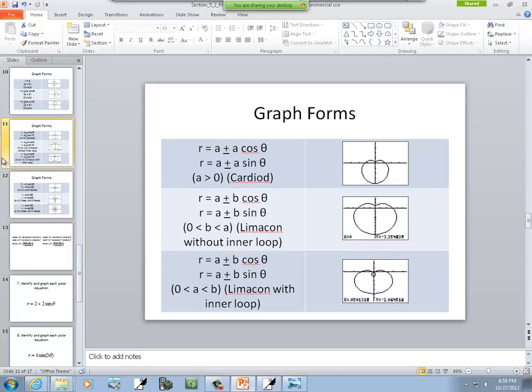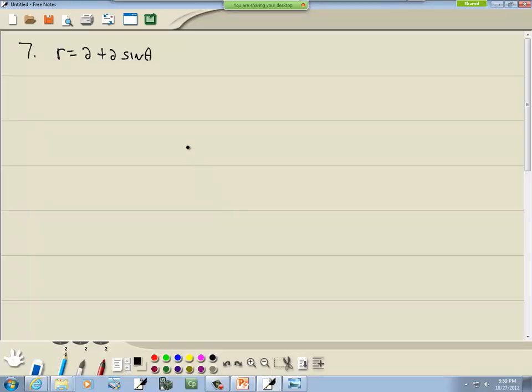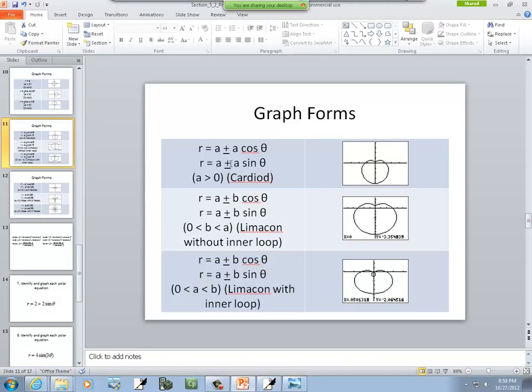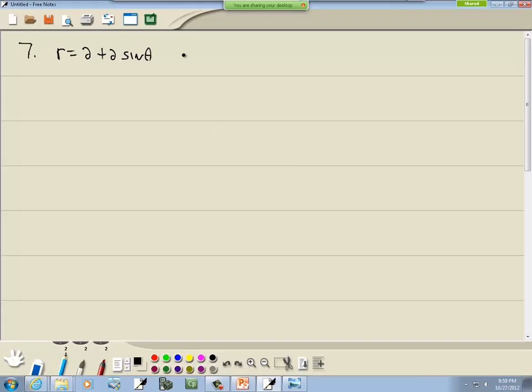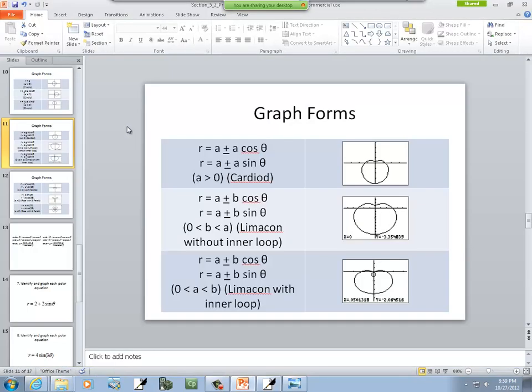None of those match. Here's some ones. 2 plus 2. This is where a's and b's aren't the same. This and this are the same, which would be this top one. So it looks like it's a cardioid, like that. Well, that's kind of handy.